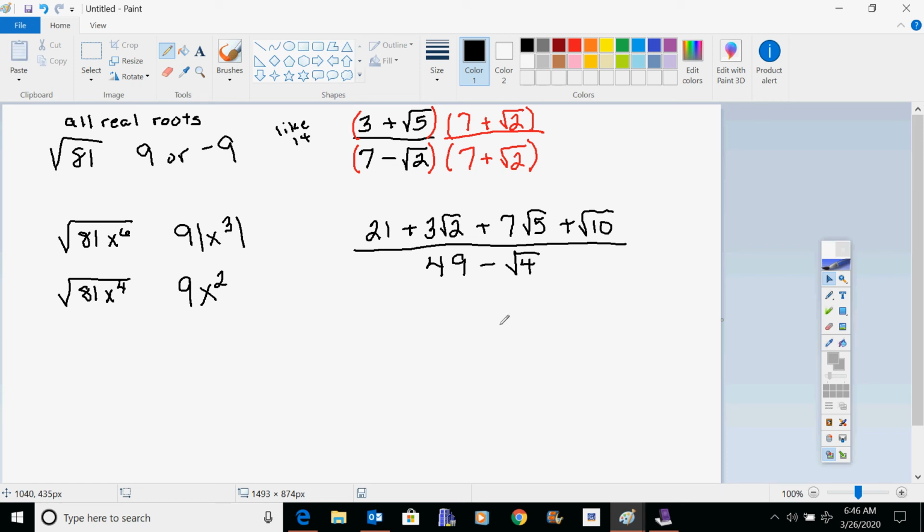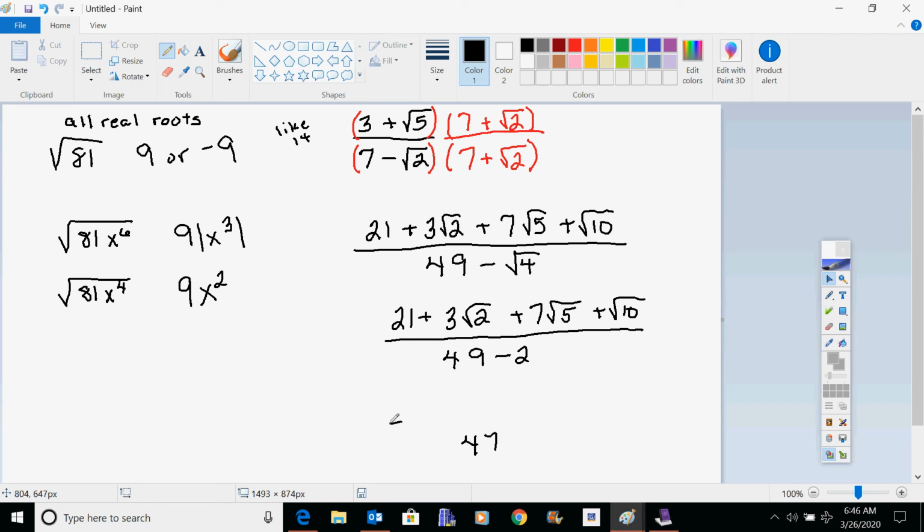So nothing actually in this numerator can be put together, but you always need to look to see if there's anything that can get put together. This one can't go with this one because they're different. This one can't go with this one because they're different. But if they could be simplified, you would need to do that. I'm mostly thinking about this denominator here. 49 minus 2, 47.